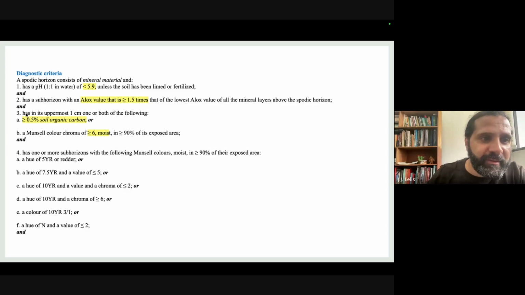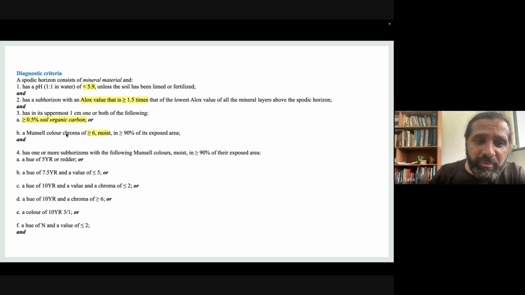And it has, in the uppermost 1 centimeter, one or both of the following: at least 0.5% of soil organic carbon, or a Munsell color chroma that's equal or higher than 6 when moist in 90% or more of the exposed area. So in the first 1 centimeter, you should register a minimum content of organic carbon or a darkish color, or, I'm sorry, reddish or yellowish colors.